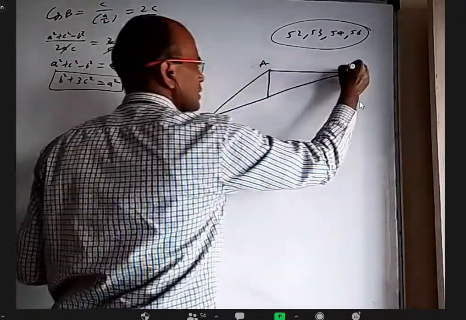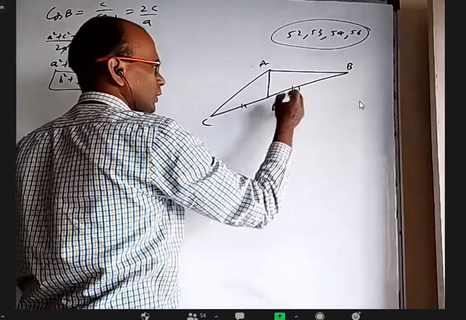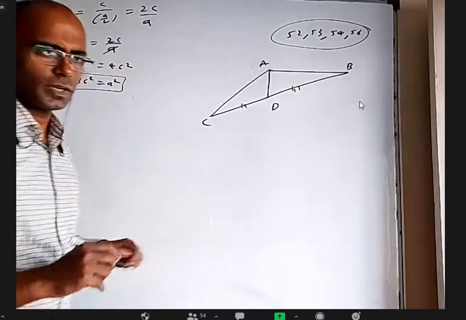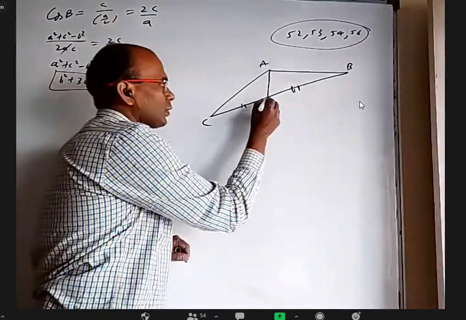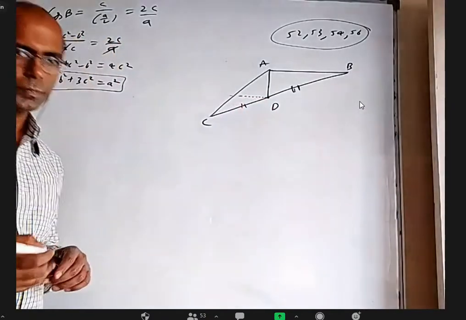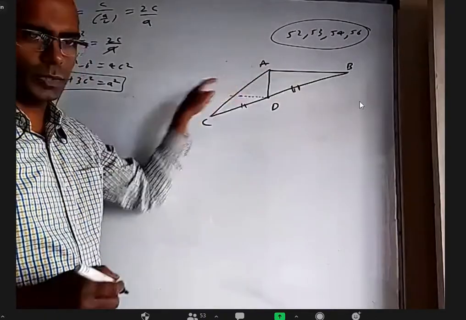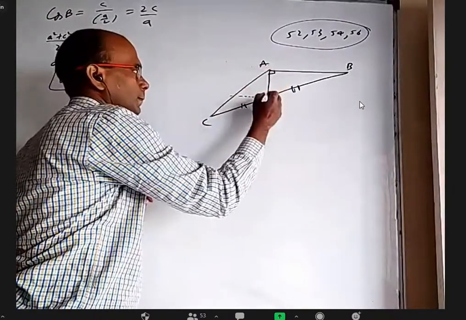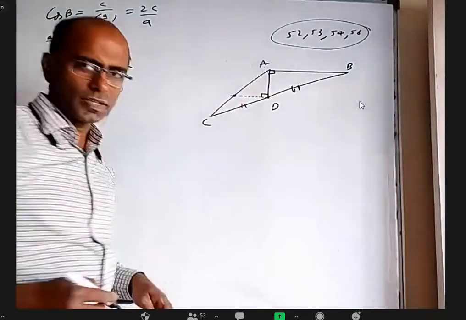This is A, this is B, this is C, this is D, and these two are equal. Everything's fine, this is the midpoint. Another thing I can do is, through this point, draw one horizontal line, parallel to AB. Can anybody say this is also the midpoint of AC?